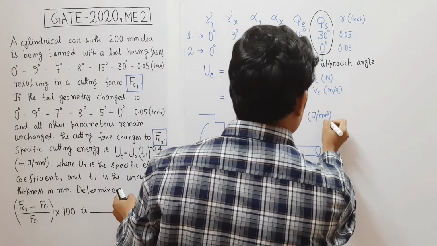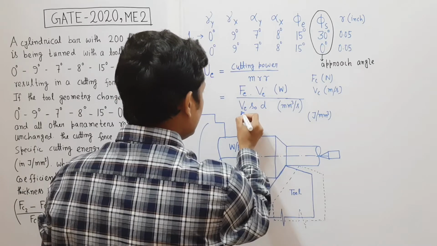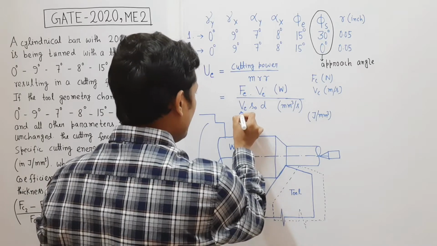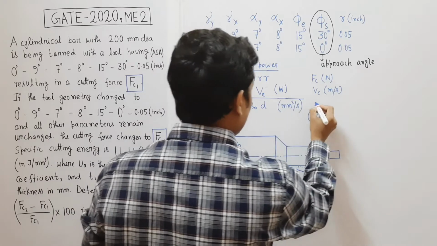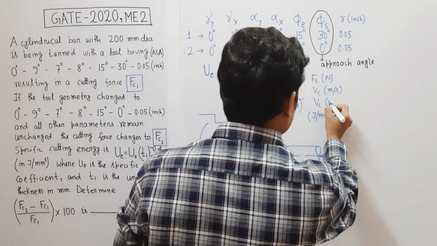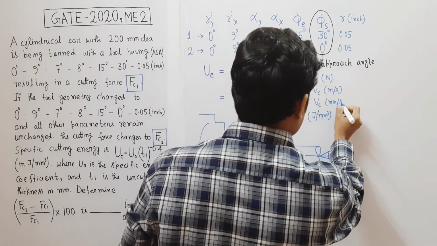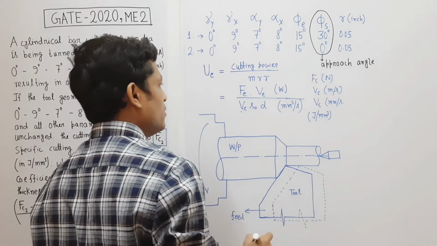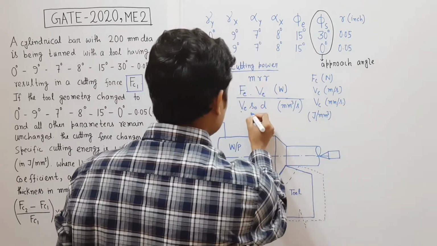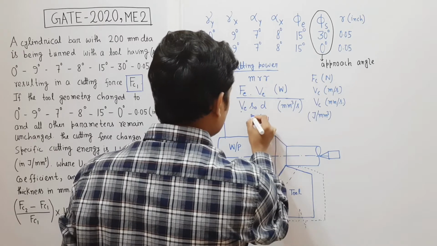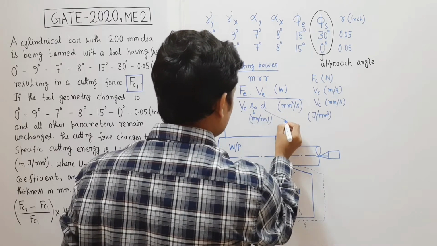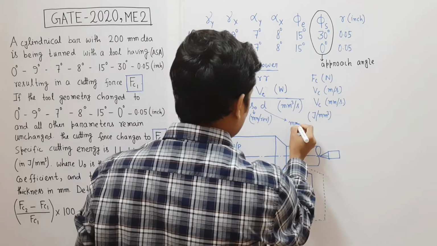So the ultimate unit will be watt into second, which becomes joule per millimeter cube. But look here, this VC in the denominator is not the same as in the numerator. The VC in the denominator will be in millimeter per second, feed will be millimeter per revolution, and d will be in millimeter.